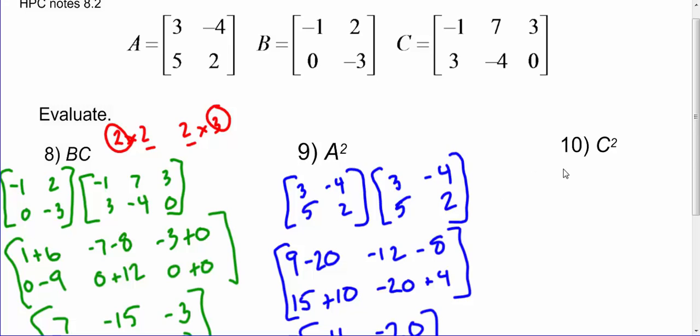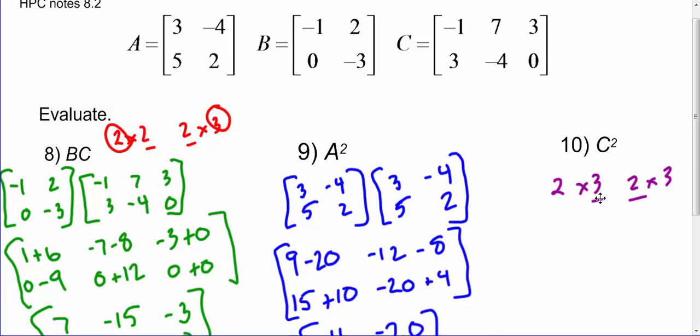Okay, last one we're looking at today, C squared. Now, immediately when I see that problem, my eyes are drawn to this. This is not a square matrix. It's a 2 by 3. And if I try to take a 2 by 3 and multiply by another 2 by 3, I have a problem.